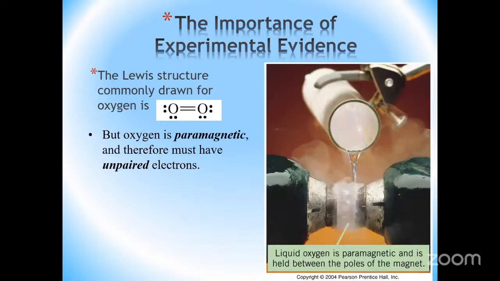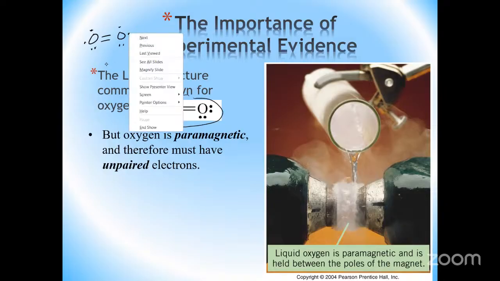And that is demonstrated in this experiment right here, where liquid oxygen is poured between 2 poles of a magnet, and what happens is that the magnet attracts the oxygen, right? Which means that the oxygen in this form must have unpaired electrons, which means that it's paramagnetic. So what that means is that this structure here is not totally accurate in terms of representing what oxygen is in terms of its magnetic properties. More than likely, this will be the true representation of oxygen, where you have single electrons on the valence shell of each oxygen atom, all right?